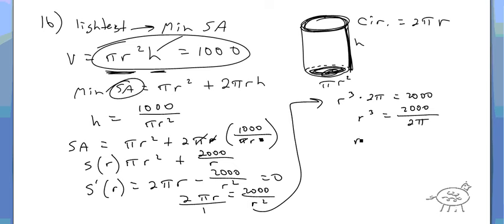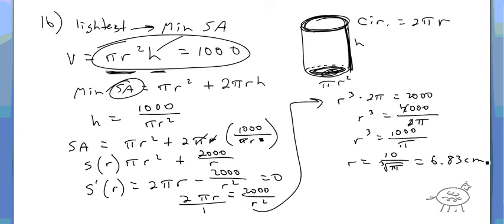And we get r is equal to, oh, sorry, this cancels, so let's simplify that. So I get 1,000 over pi. So r is equal to 10 over the cube root of pi. And if I simplify this guy, it's about 6.83 centimeters.